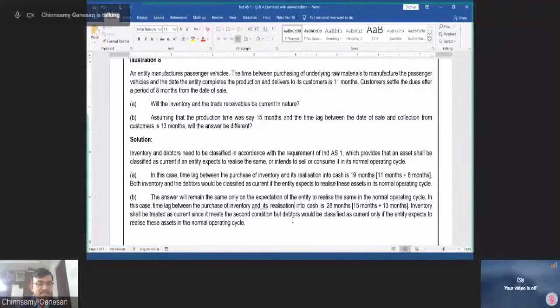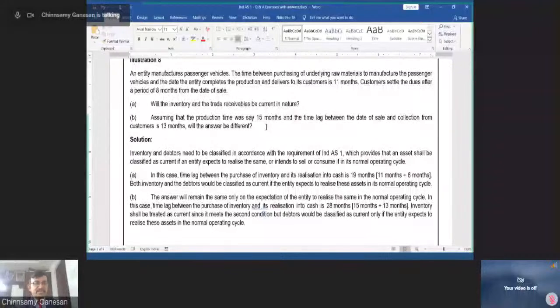Then it becomes a current asset. Even if it is not matching the first condition, in this example the period they have given itself is 28 months. With 28 months being the operating cycle, I will apply 28 months to determine whether inventory, debtor, raw material, finished product, WIP is a current asset.